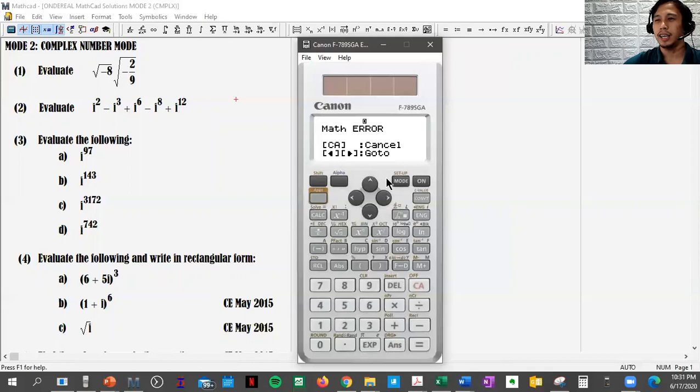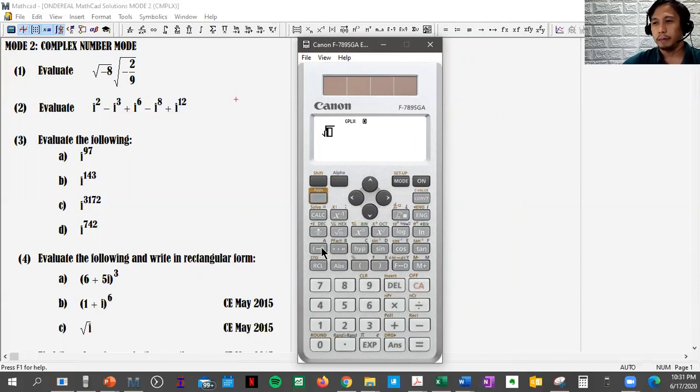Now, bakit? Kasi the mode where I am in this calculator is mode 1. Now, dapat I have to change my mode. Now, I must go to complex mode. So that is mode 2. So that I would be able to evaluate this, because every time we are to take the square root of a negative number, the result is an imaginary number.